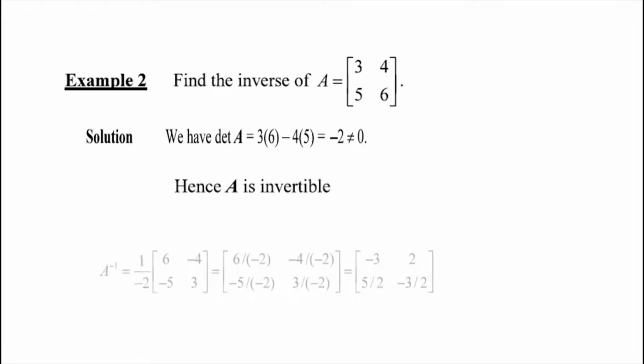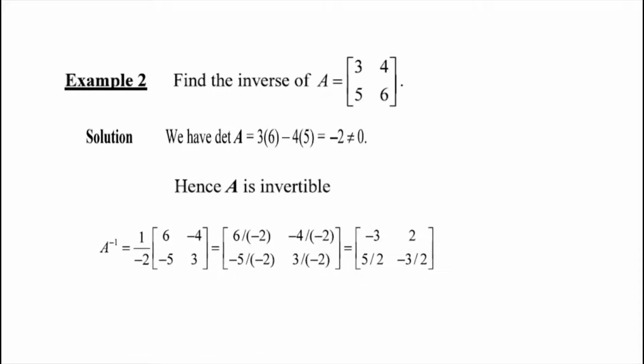If A is invertible, we find its inverse by taking the adjoint of A, which has the entries 6, minus 4, minus 5, and 3. We divide this adjoint by the determinant of A, which is minus 2. And simple manipulation yields the inverse of A, which is shown at the end.